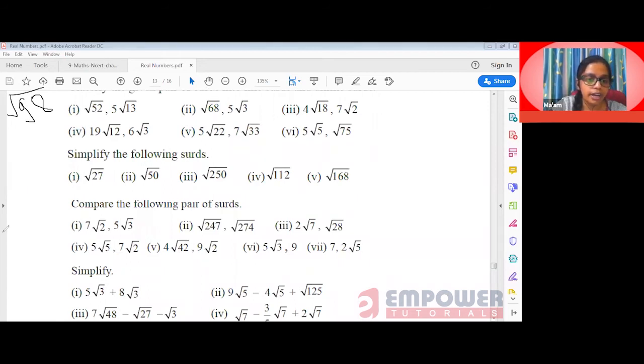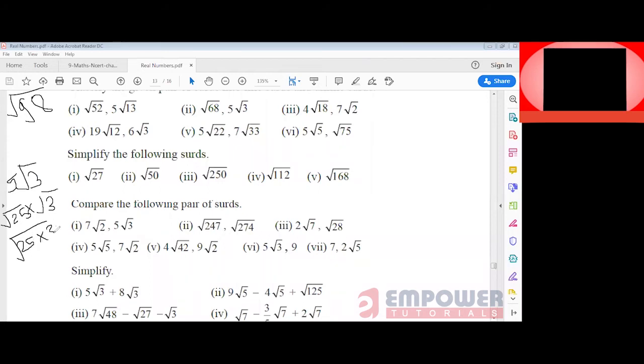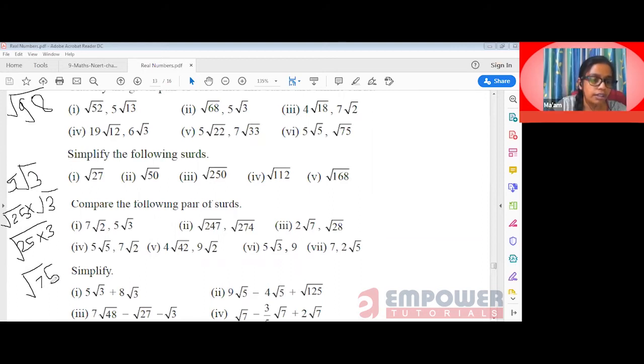So now you have 5 root 3, correct? Now can I write it in this form, root 25 into root 3? It will be the same, right? So I can write it as root of 25 into 3. So this will be root 75, right?